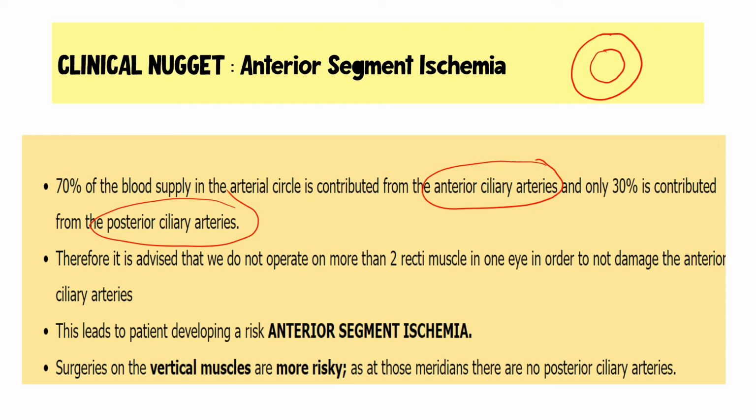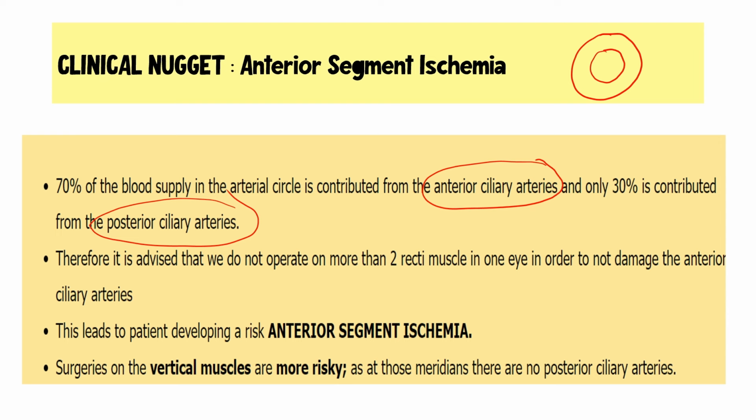Therefore, whenever a patient undergoes squint surgery in which we are manipulating the muscles, and if the surgery involves more than two recti muscles in one eye, the patient can land up with anterior segment ischemia because of damage to the anterior ciliary artery. So it's always advisable that we do not operate on more than two recti muscles, to prevent the risk of anterior segment ischemia. Very important point.